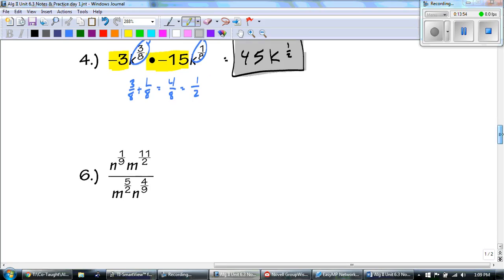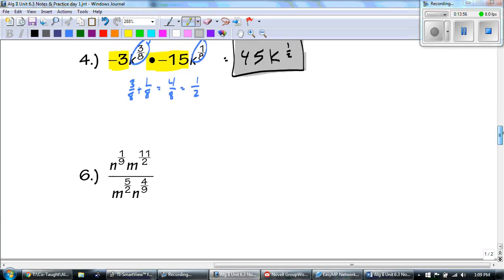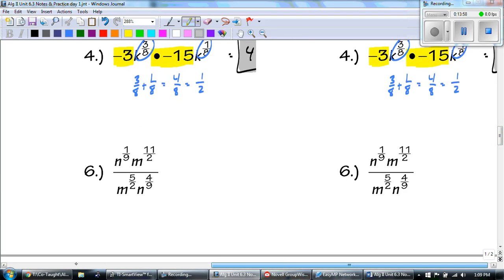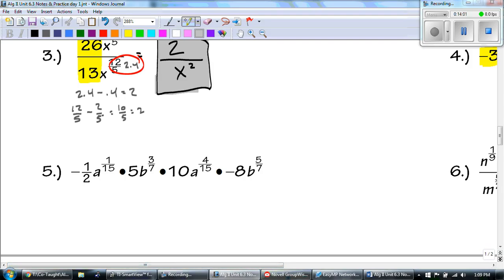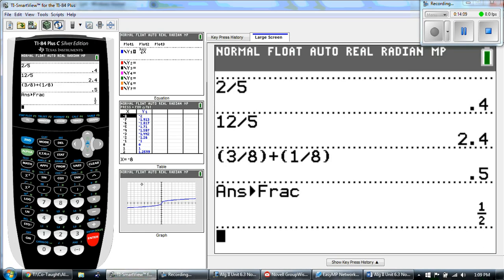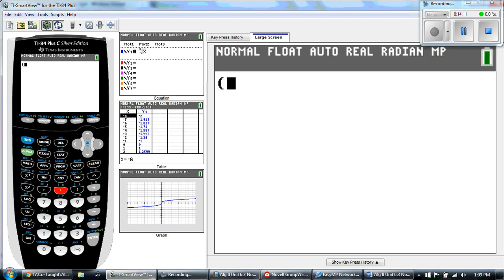Okay? It's not too bad. Oh, it's fractions, it's scary. Yeah, it's not that bad. Okay? So you have negative 1/2 times 5 times 10 times negative 8. Okay? Just keep track of everything.